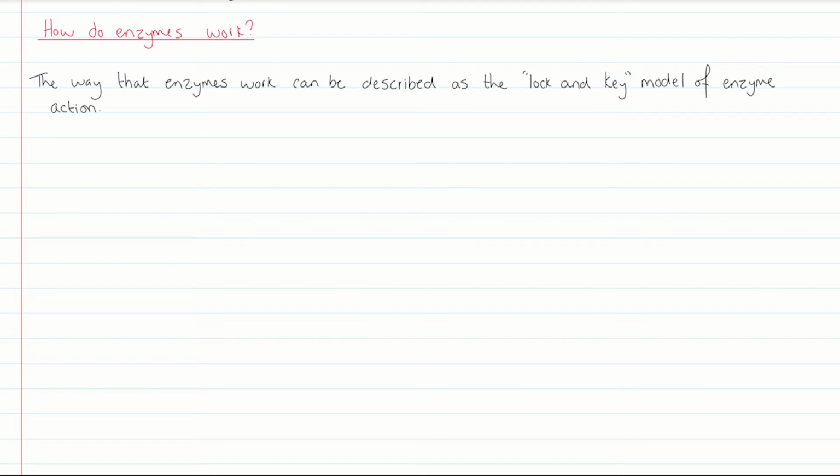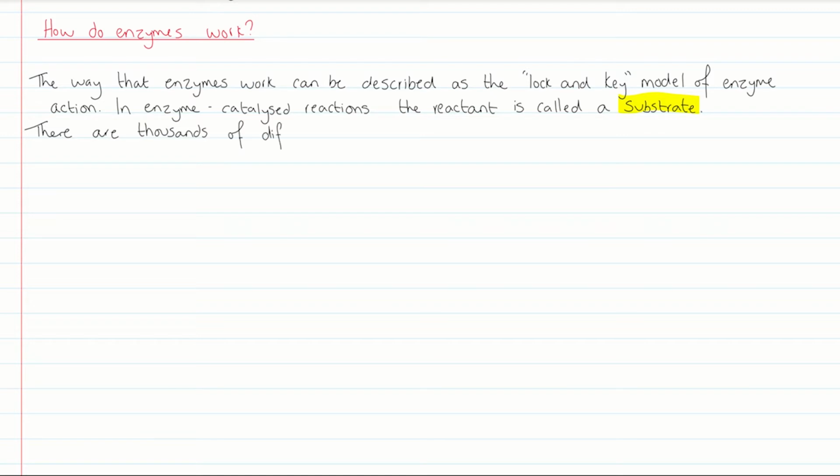How do enzymes work? The way that enzymes work can be described as the lock and key model of enzyme action. In enzyme catalyzed reactions, the reactant is called a substrate. There are thousands of different enzymes, and each one has a specific 3D shape.